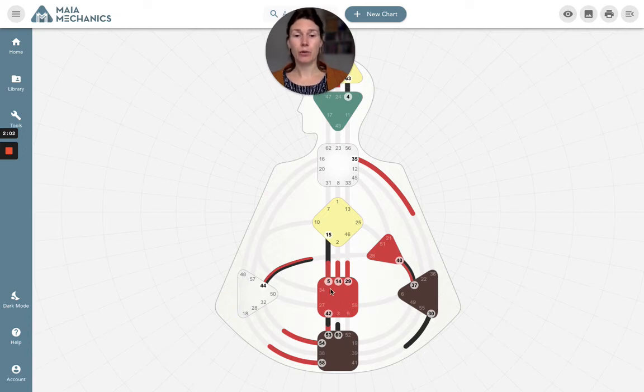Then we have the sacral here, this red square. The sacral is about life force energy, sexuality, fertility, and it has to do with the availability. And this energy in response is very sustainable. It can go on for a long time.